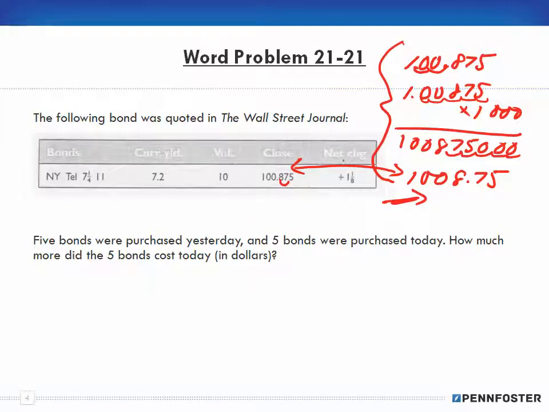It's better to do the math to arrive at the price of the bond until you get accustomed and intuitively see the difference between the quoted price and the price of the bond. I get a little confused here because I have to do all of this math to arrive at the price of the bond. When I look at this closing price, I know that the price is $1,008.75.